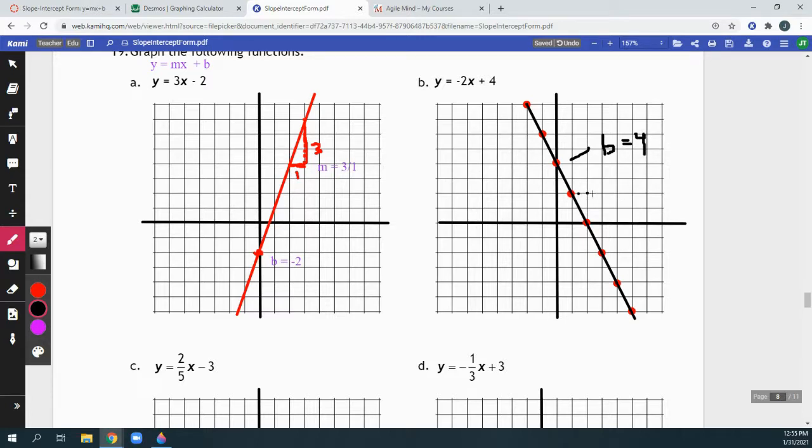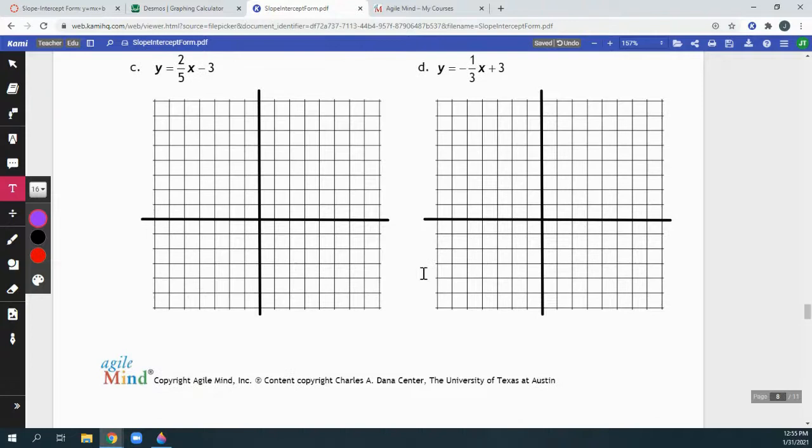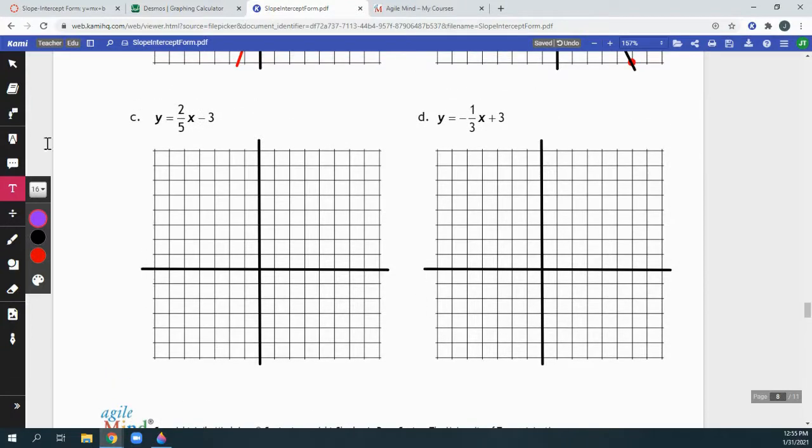And then 1, 2. Notice that the y is how I keep track of going up or down. I always count to the right. Y for m equals -2/1. Right. Hopefully this is making sense.